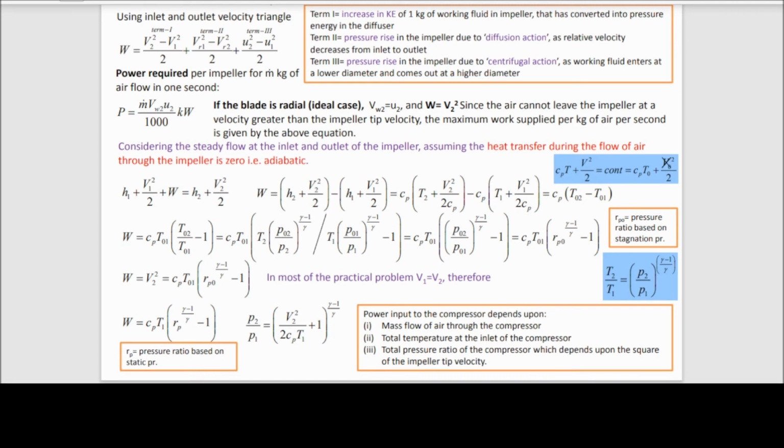T02 by T1 is equal to P02 by P1 all raised to gamma minus 1 by gamma. So I have already shown you the equation here. So using that, T02 by T2 is equal to P02 by P2 raised to gamma minus 1 by gamma.